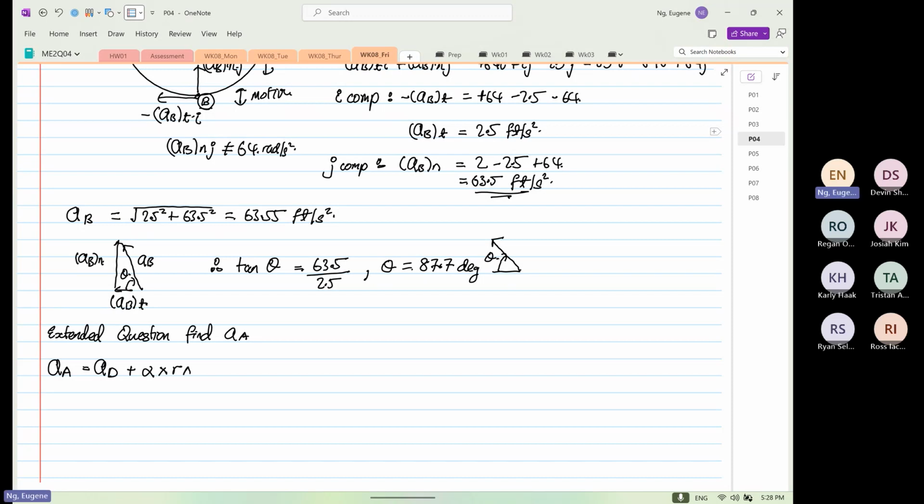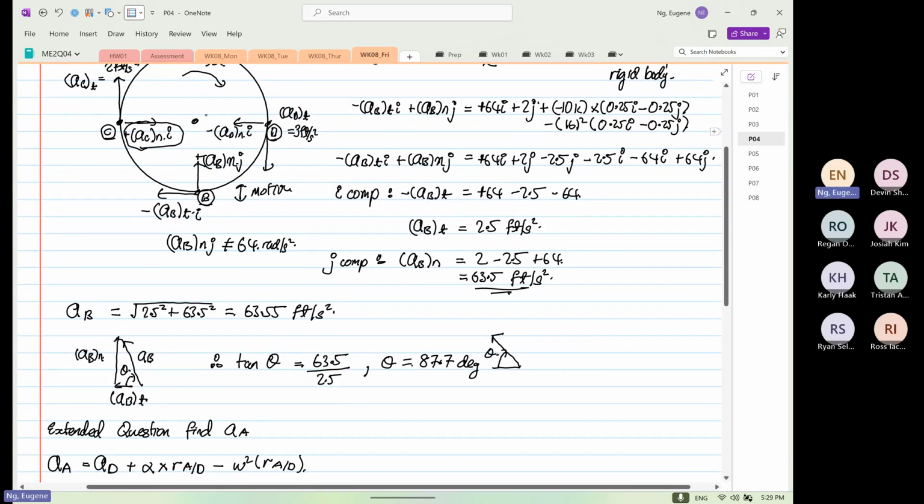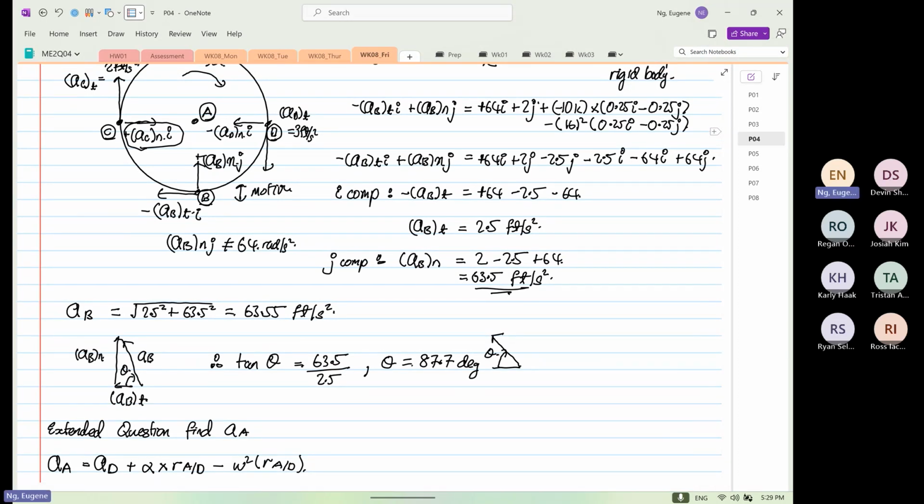A_A equals A_D plus alpha cross r_A/D minus omega squared r_A/D. And at point A, it's at the center, right?